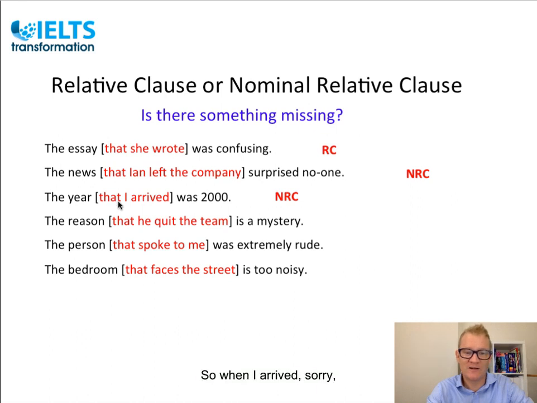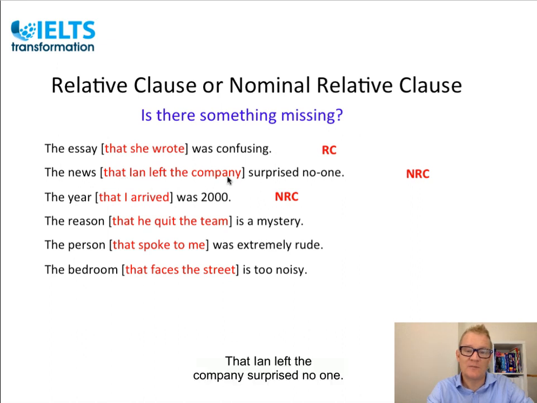So when I arrived, there's nothing missing. I arrived, subject, verb. Intransitive verb, we don't need an object. So I should have written when really there, and that would be clearer. So in here we can remove the antecedent. When I arrived was 2000.